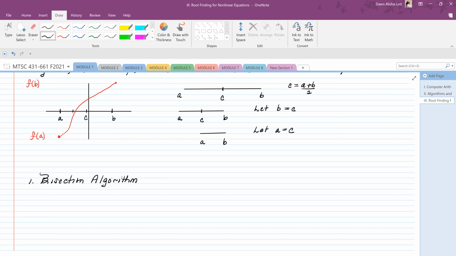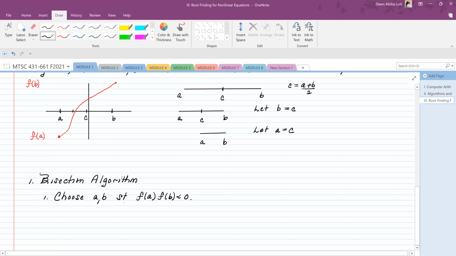So my A and B are given. If A and B are not given, you need to come up with an A and B that give you a guess of where the root might be between. So the first thing I'm going to do is choose A and B if they're not given, such that when I multiply f of A by f of B, I get a negative number.